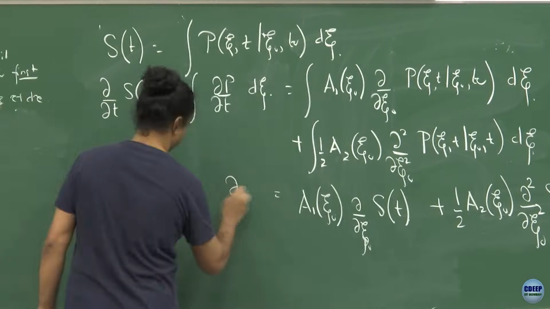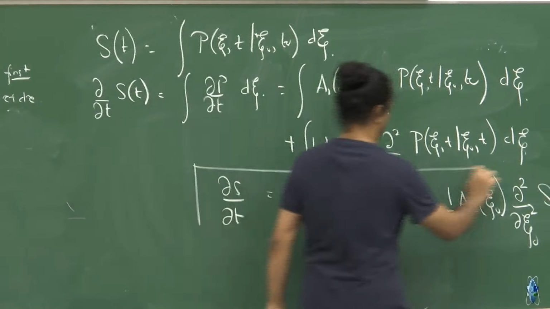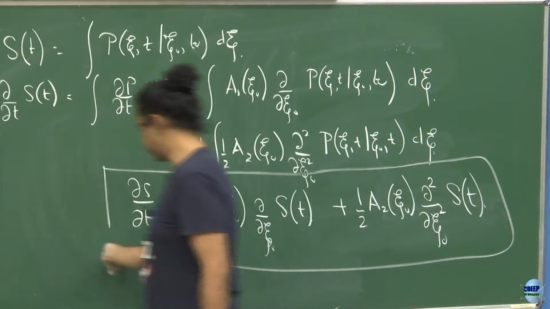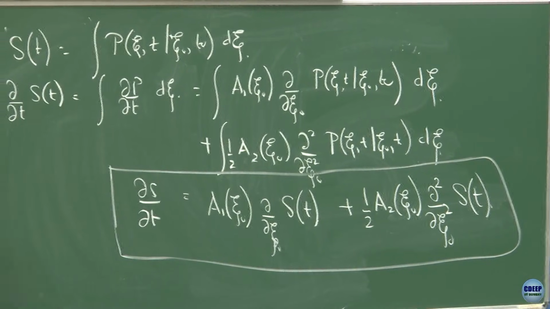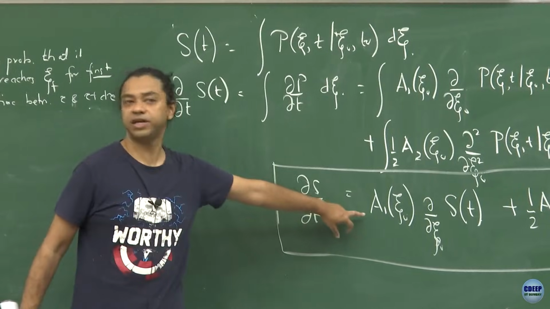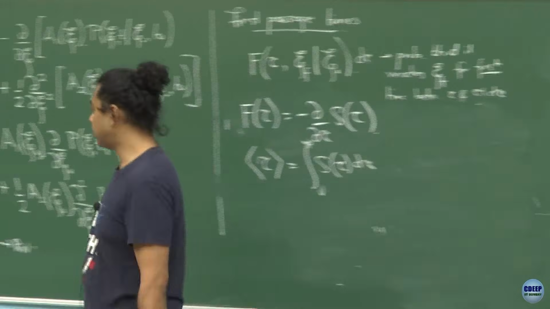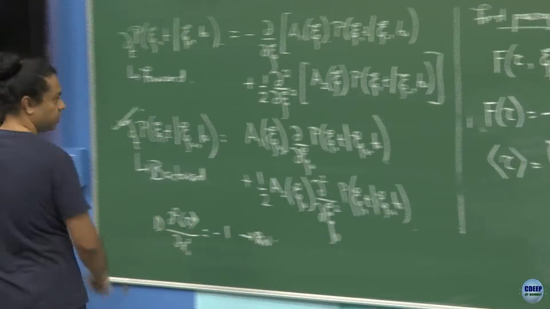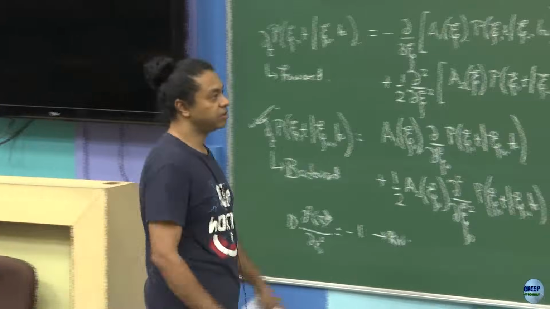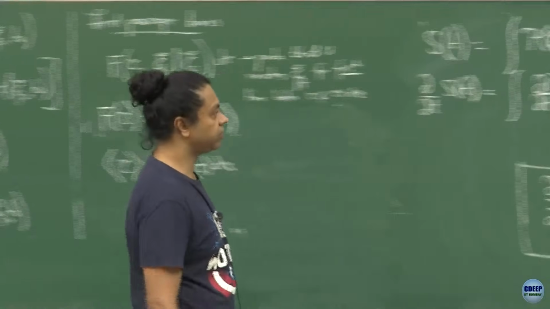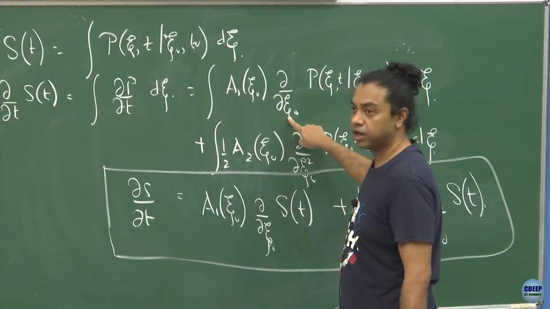So this is my equation for the survival. You see that the equation the survival probability obeys is again exactly the backward equation for these probabilities.